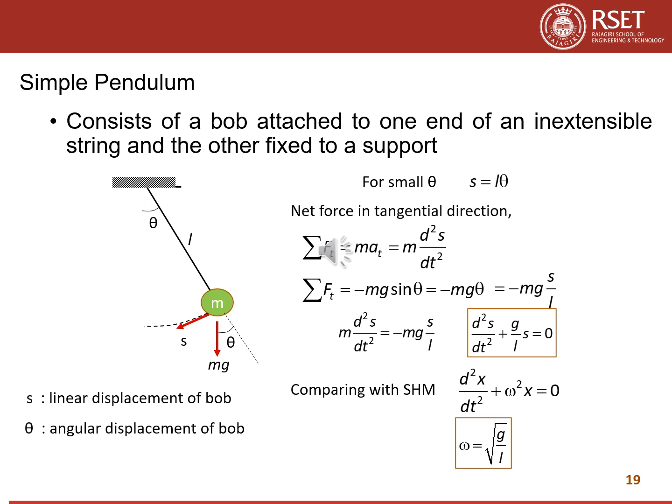Since theta is small, we can write it as minus mg theta, or minus mg into s by L. Equating both these equations, we can write m into d square s by dt square is equal to minus mg into s by L, or d square s by dt square plus g by L into s is equal to 0. This is the same as the equation of simple harmonic motion, d square s by dt square plus omega square s is equal to 0. From that we can write omega is equal to square root of g by L.